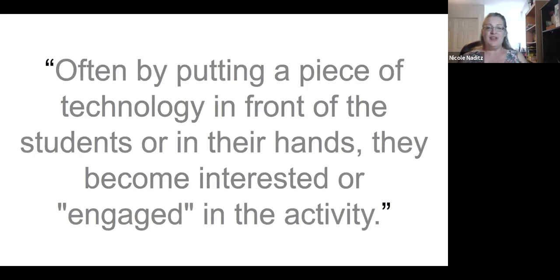So one of the things that the author, Liz Kalb, tells us is, teachers have noticed, and this was really evident back when we were in our face-to-face classrooms, that if you put some technology in front of students, or you direct them to a particular technology tool, they become interested in the activity. And that often gets called engagement.